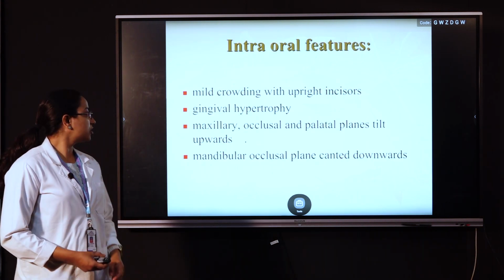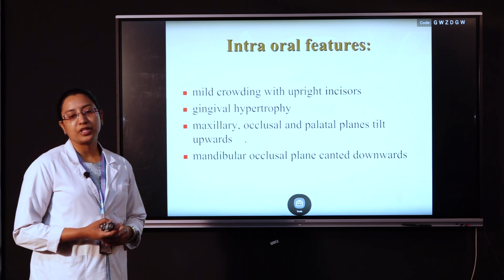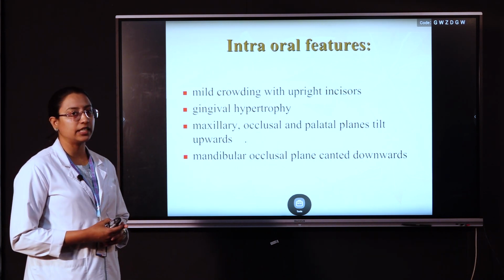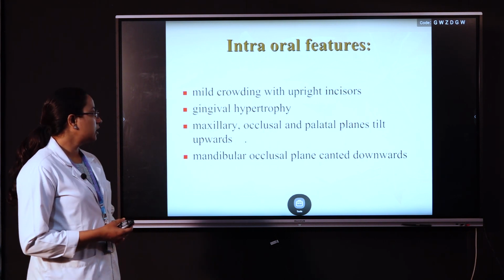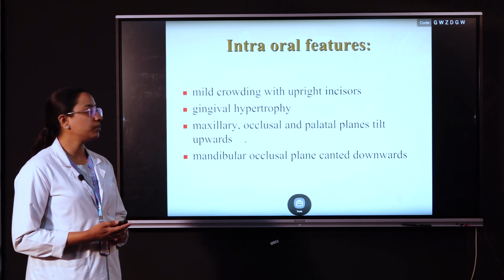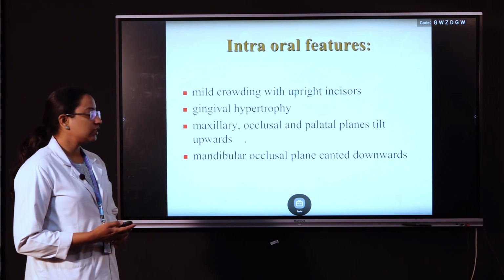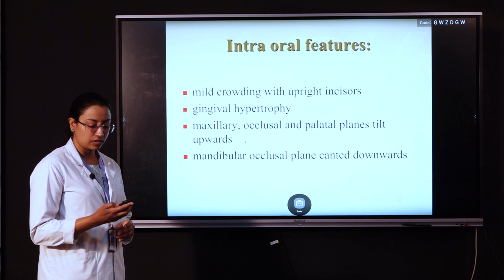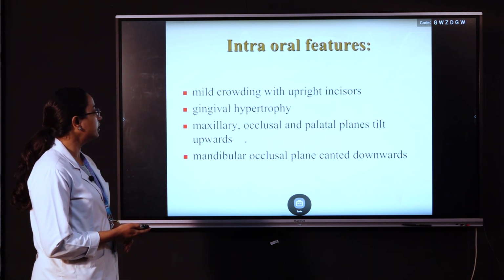Coming to the intraoral features, it can be associated with mild crowding. The incisors are usually upright in a skeletal anterior open bite. There could be gingival hypertrophy because of incompetent lips. The maxillary occlusal and palatal planes tilt upwards and the mandibular occlusal plane is canted down.